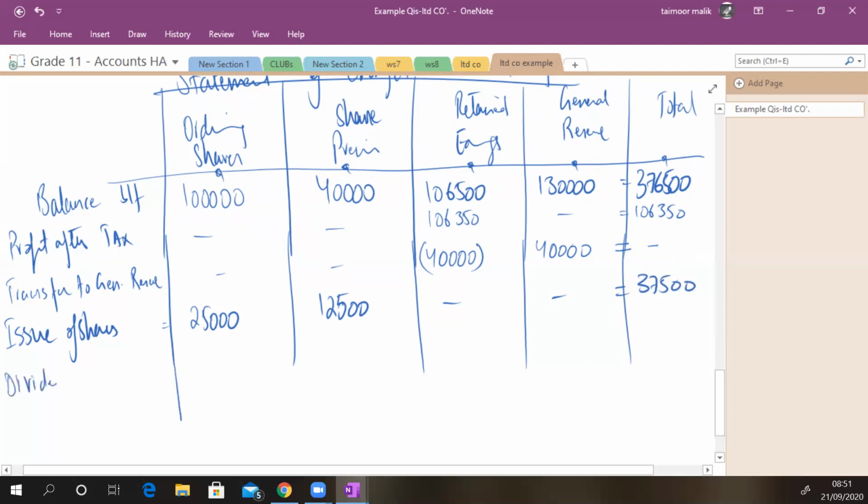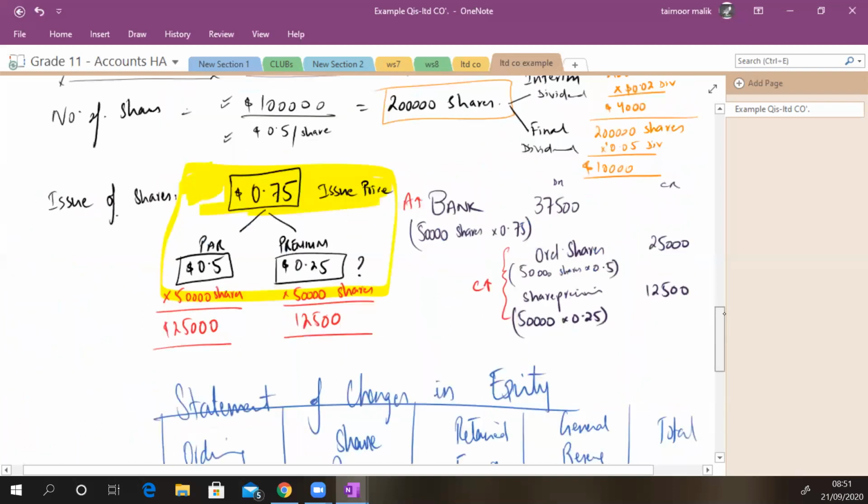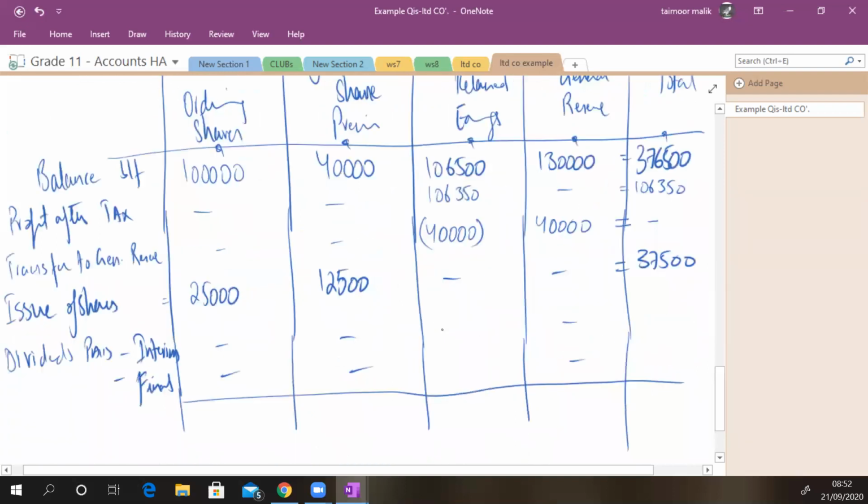And finally, dividends paid. कौन से डिविडेंड? इंटरिम और फाइनल। ठीक है जी, इंटरिम और फाइनल डिविडेंड हमने कैलकुलेट किए थे यहाँ पे। इंटरिम डिविडेंड वाज 4,000 and final dividend is 10,000। ठीक है जनाब, overall impact is 4,000, 10,000, overall impact is 10,000.